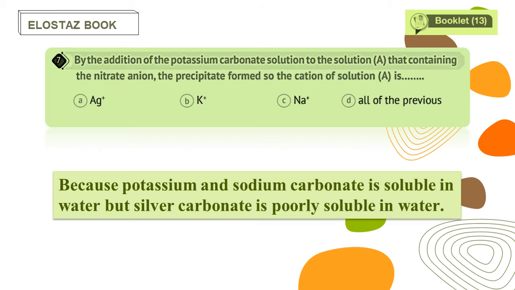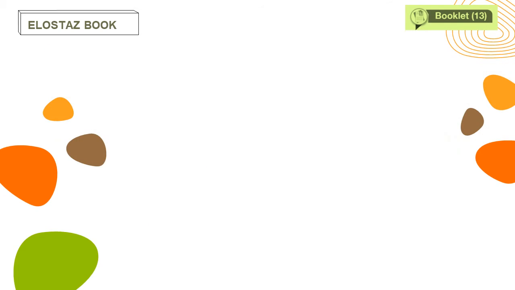To remember all the cations and anions that are soluble or insoluble in water, we have to remember these compounds or these radicals from the studying before. Okay, we have potassium and sodium carbonate soluble in water, but silver carbonate does not dissolve in water, or we said that it is poorly soluble or slightly soluble in water. So the right answer here will be letter A. So we are going to question 8.